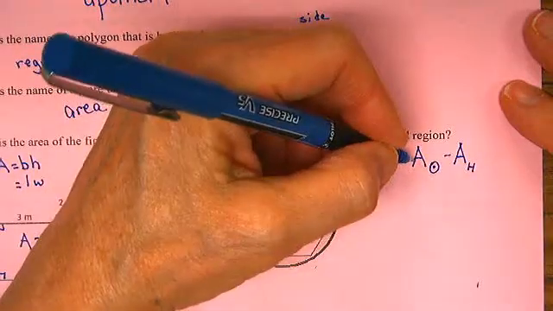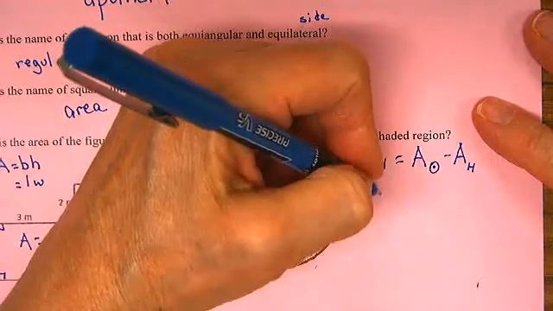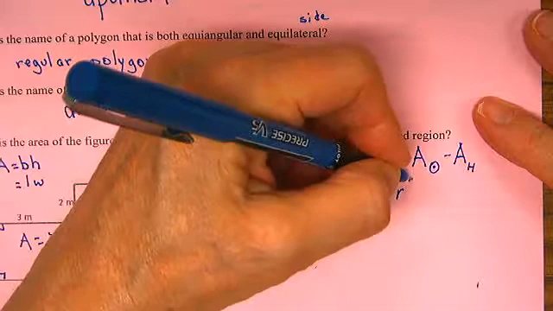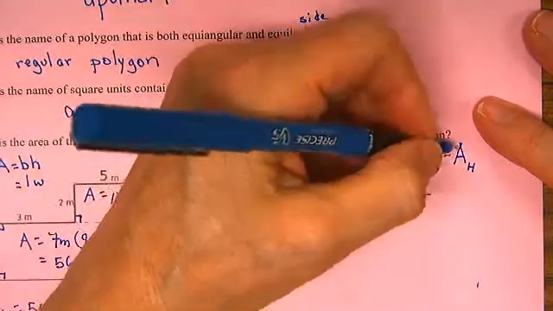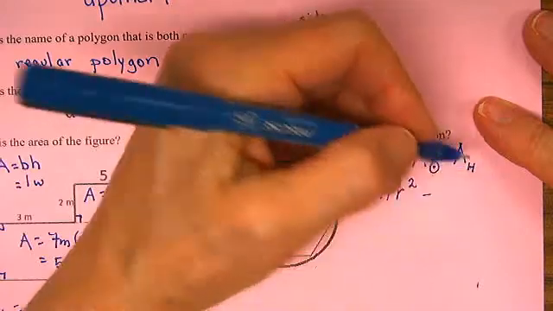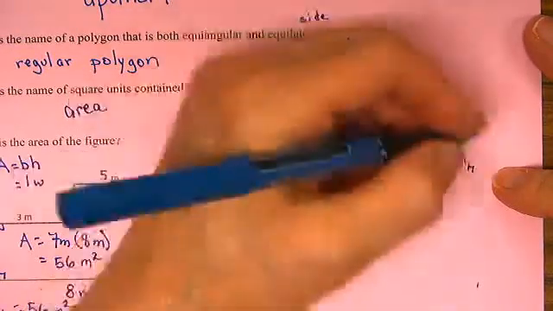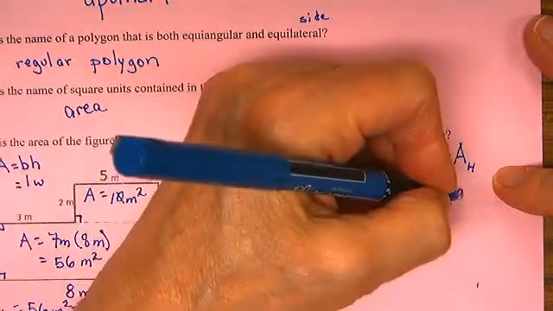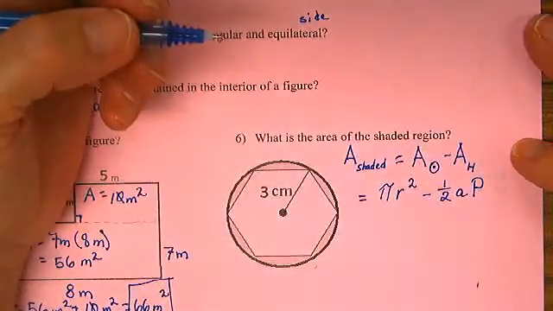The area of the circle is equal to pi times the radius squared. The area of the hexagon is 1/2 the measure of the apothem times the perimeter.